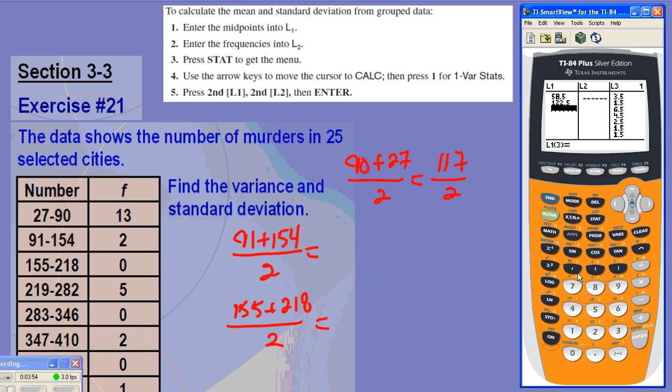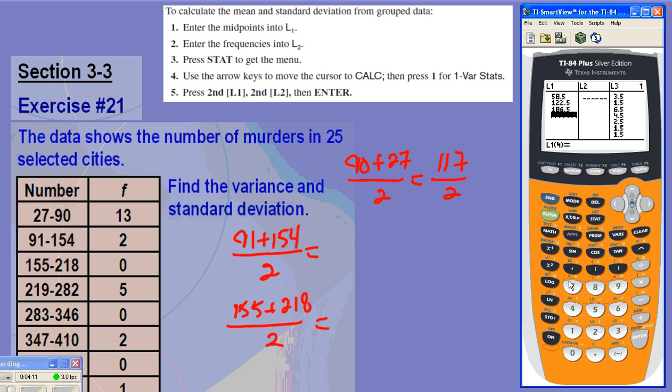Okay, the third one, open parentheses, 155 plus 218, close parentheses, divided by 2, enter.